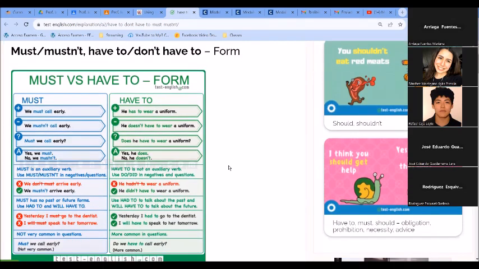First, must and have to. They seem like they're doing the same thing. So when do I choose must and when do I choose have to? We use must and have to in situations that are more negative. And we use must with the rule.